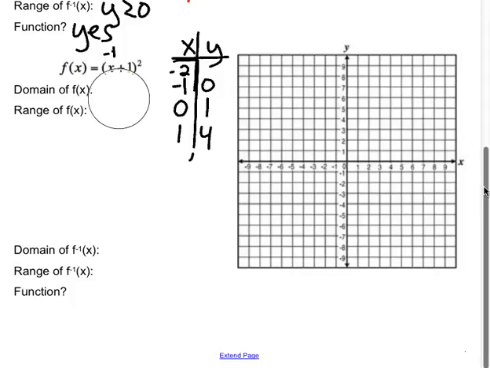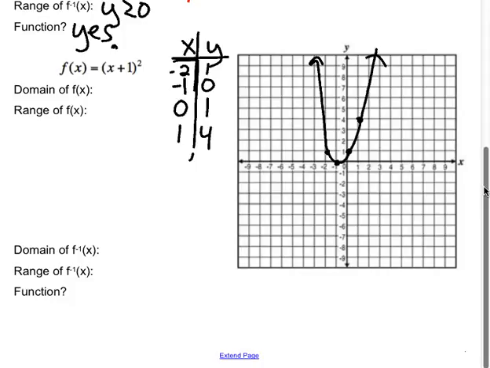If I plug in negative 2, negative 2 plus 1 is negative 1, but negative 1 squared is positive 1. Okay, so we're going to start just by getting some values to work with. So we have this, this, this, that. So you should be able to see the formation of our parabola, correct? Just by getting a couple points, you can see where our parabola is.